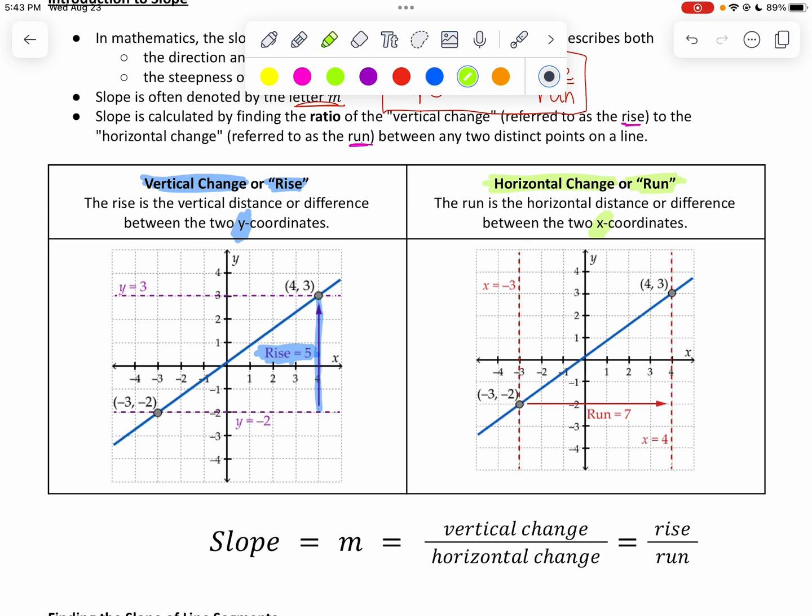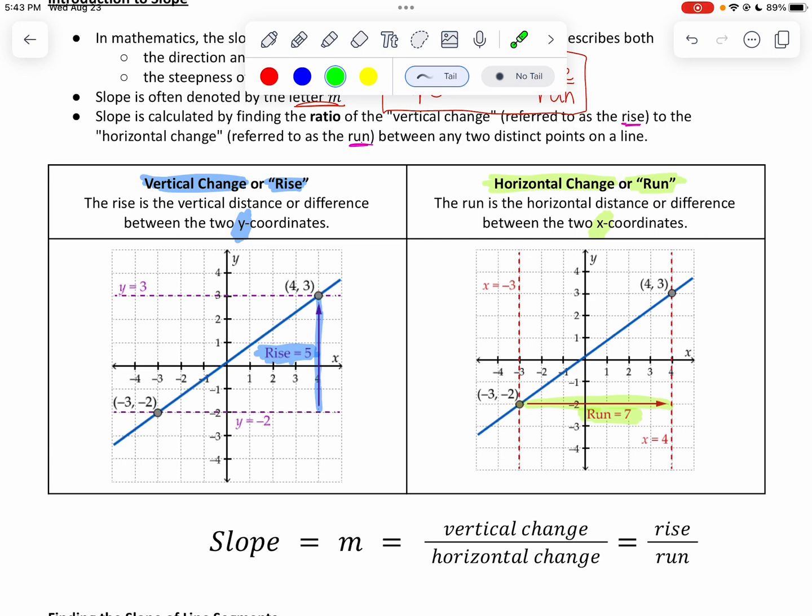When we're looking at our run, between these 2 points, how much distance have I changed horizontally? In this case, our run is equal to 7, because looking at just the horizontal distance between these 2 points, I've traveled to the right by 1, 2, 3, 4, 5, 6, 7 squares. To get from this x value to this x value, I had to go to the right by 7.